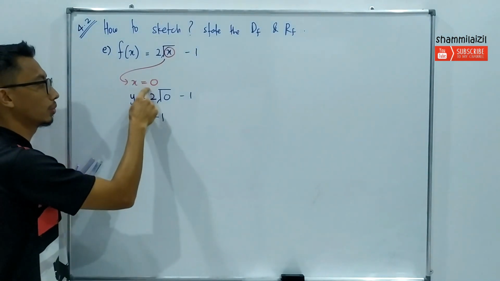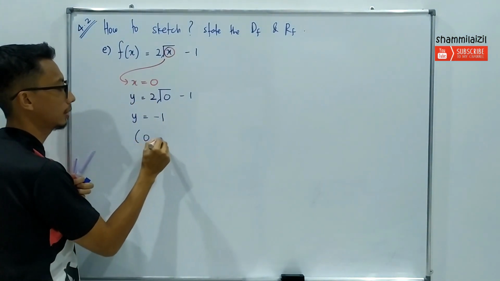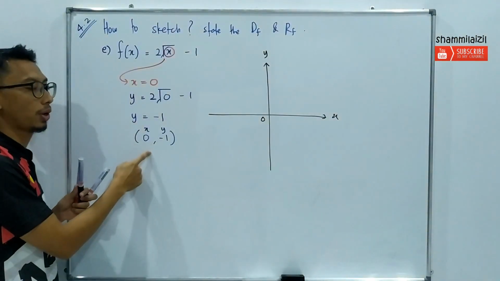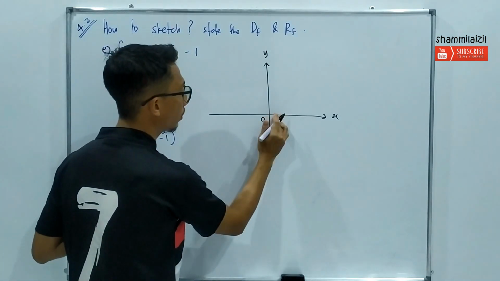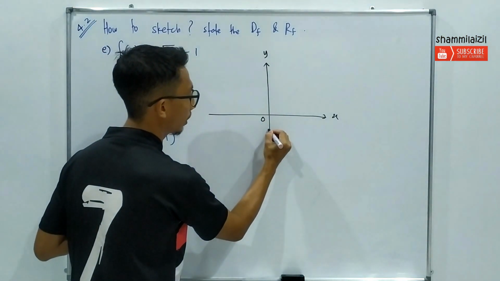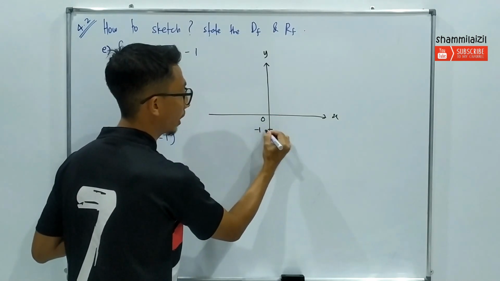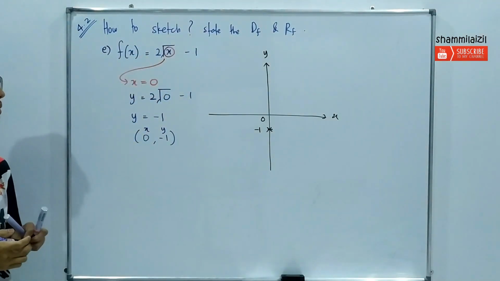So these two combined become the coordinates of a point. Just plot this point. Where is it? (0, -1). So (0, -1) is somewhere here. 0 for x, minus 1 for y. This is the point.